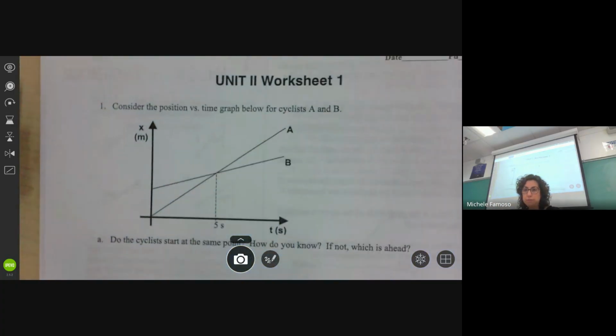Could you please pull out your packet for Unit 2 and turn to page 10. It has this worksheet. We'll just get started; we're not going to finish it. This was really tomorrow's lesson, those two pages, but since we're here, let's do it.